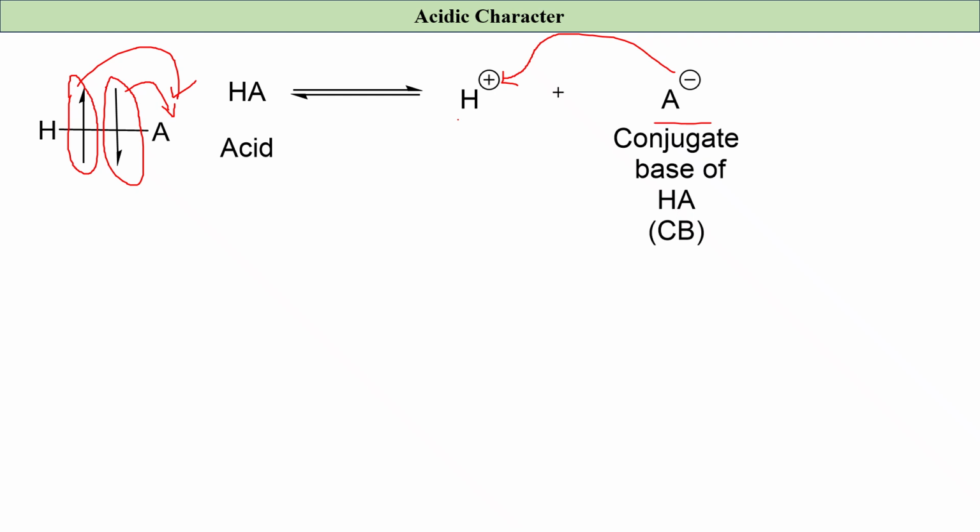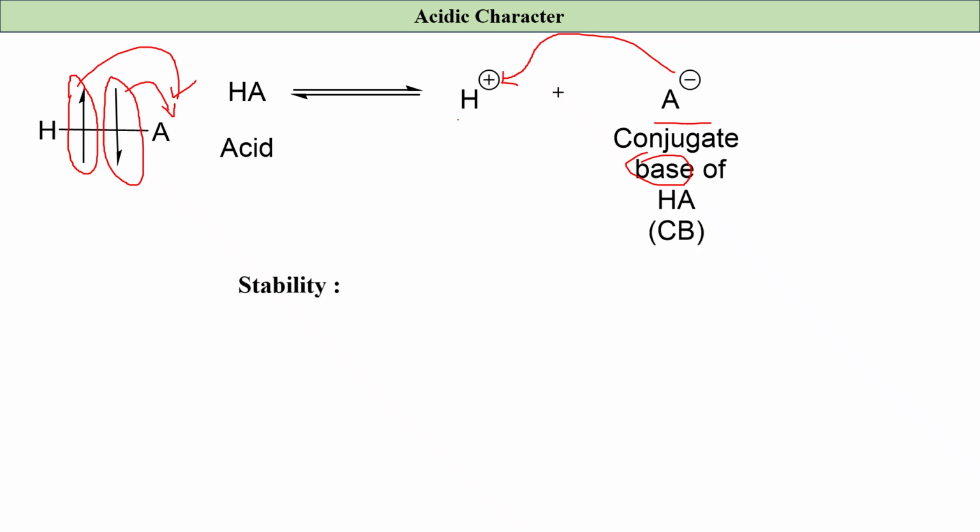When HA donates, it is an acid. When A minus donates electrons, it is a base. This base is formed from HA, which is why it is called the conjugate base of HA. I hope you understood these terms: what is H plus, what is conjugate base.